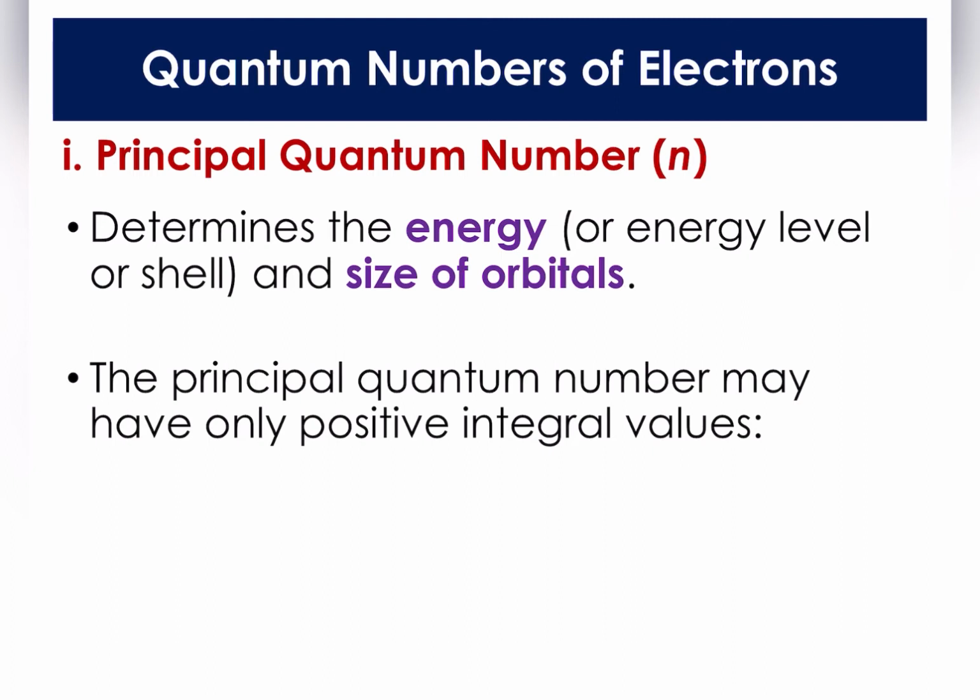So, for the value of principal quantum number, the value will start from n equals to 1. Dia tak boleh start dengan 0, dia kena start dengan 1 sebab energy level pertama and followed by 2, 3 and so on until infinity. Then the value must be positive value.